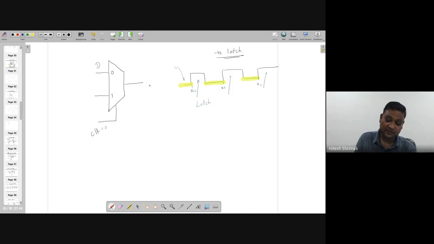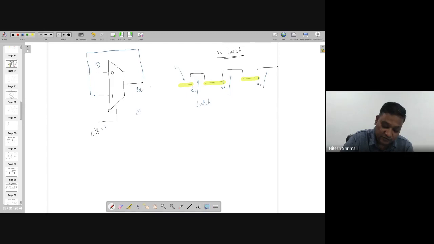However, in the case when clock equal to 1, I want to make sure that it will latch the last value. So I just do this, right? And let's call this one Q. So you can see that when select equal to 0, or the clock equal to 0, D is there.